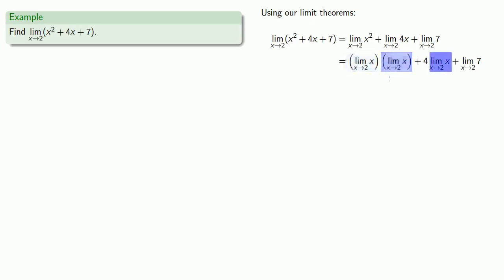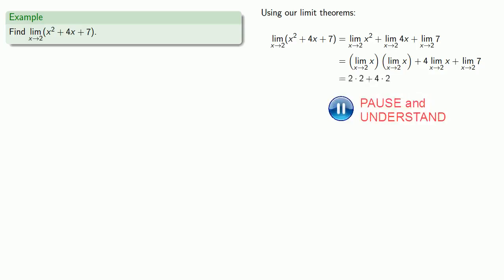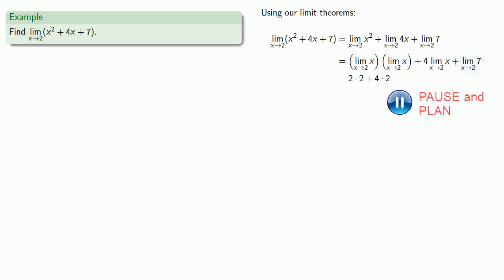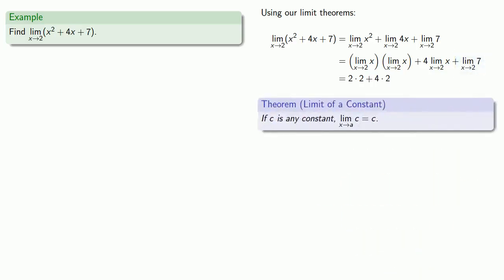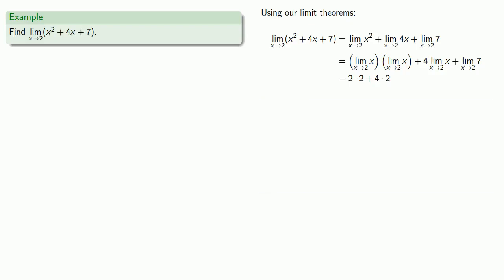And we've already calculated what that is, so we can substitute that in. We also have this limit as x approaches 2 of 7. Since 7 is a constant, then the limit is just going to be 7 itself. So we'll include that, and we'll evaluate our expression to get a limit of 19.